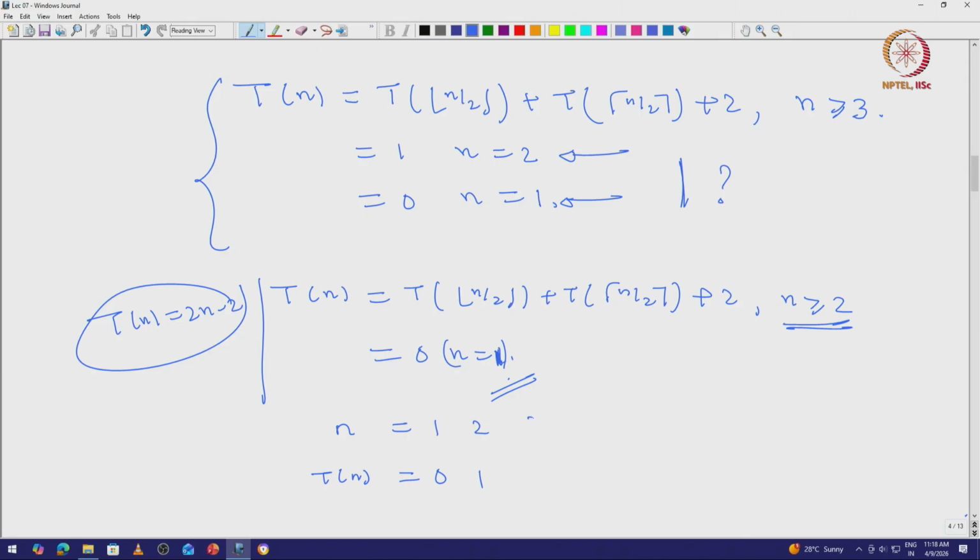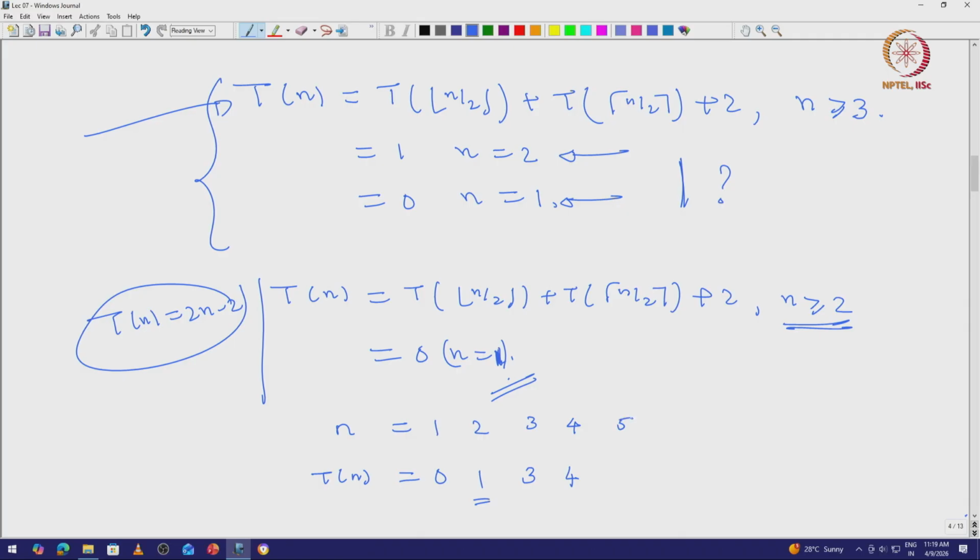And what about 3? T of 3 is T of 1 plus T of 2 plus 2. So, 0 plus 1 plus 2, which is 3. I am applying this equation. And T of 4 is T of 2 plus T of 2 plus 2, 1 plus 1 plus 2, that will be 4. And what about 5?